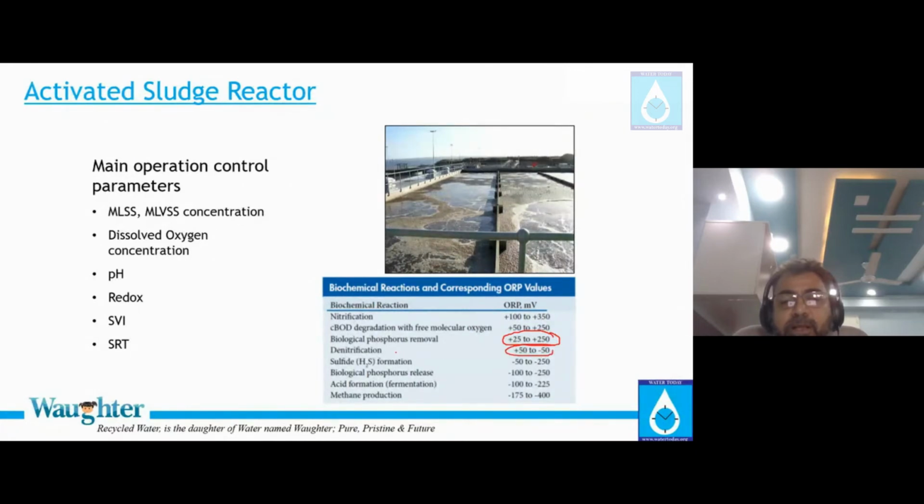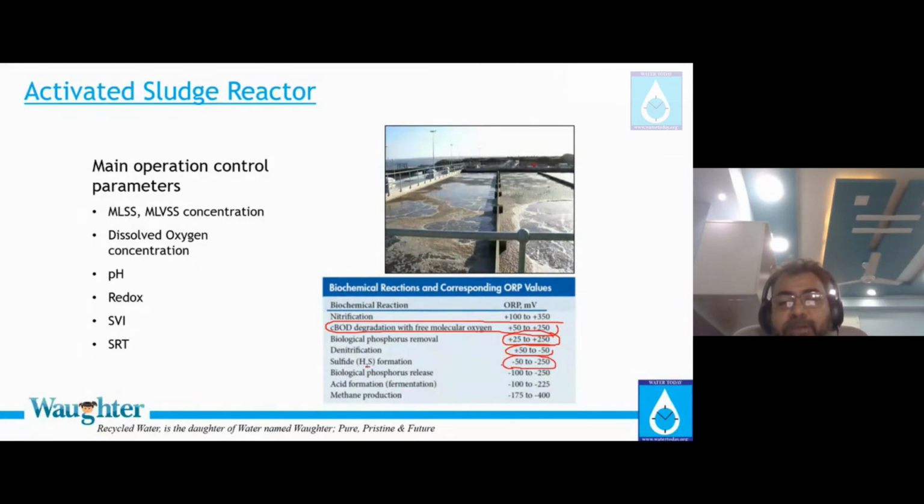Sometimes two things happen together, like CBOD degradation with free molecular oxygen. This is theory. But H2S formation is at minus 50 to minus 250.